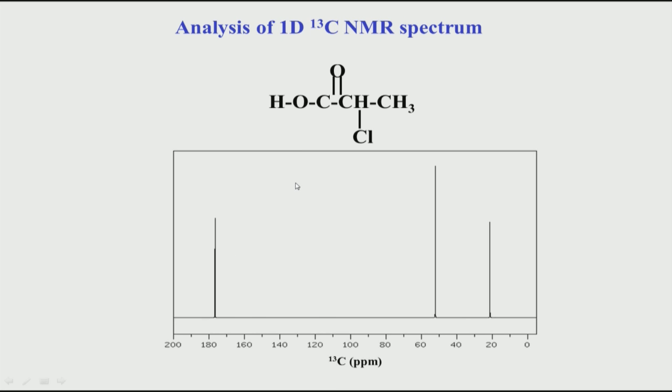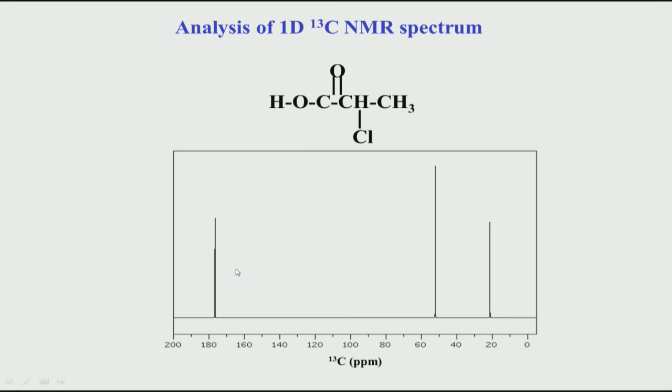So, this is the peak which corresponds to this carbon, and this is a methyl group. Because this carbon is attached to an electronegative halogen, you expect it to be deshielded, and that is what happens, it comes quite deshielded at around 50 ppm, whereas this CH3, which is a regular methyl group, is away from this, and is therefore less deshielded, and it comes at its regular position.